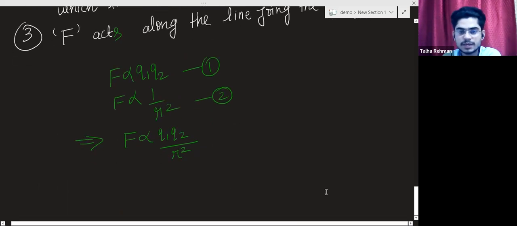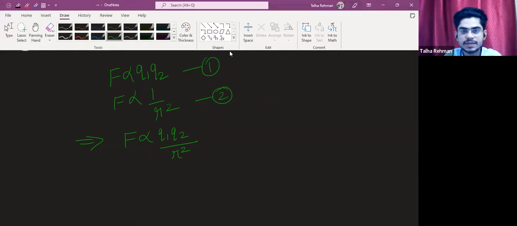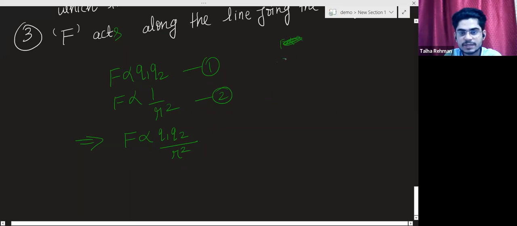In 11th class, you have done these things many times, like force is directly proportional to acceleration. Like in Hooke's law, stress sigma is directly proportional to strain.